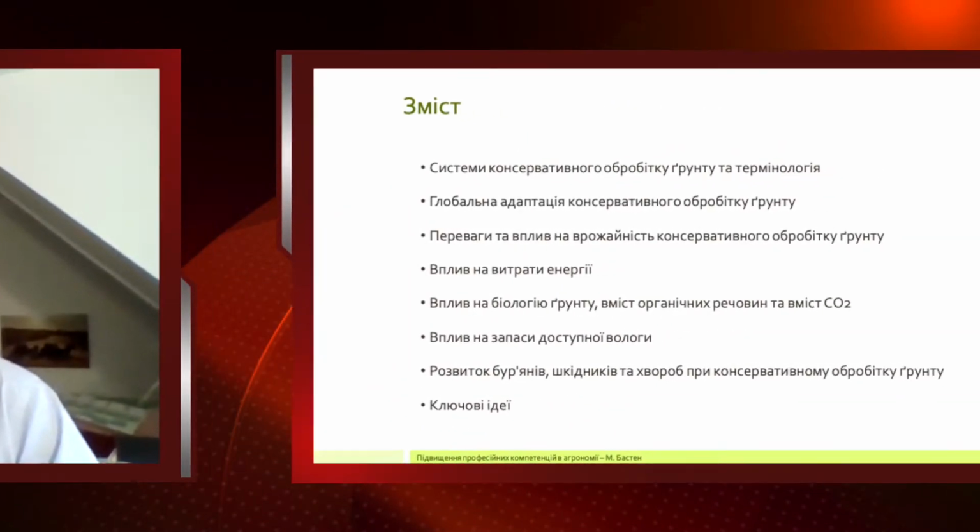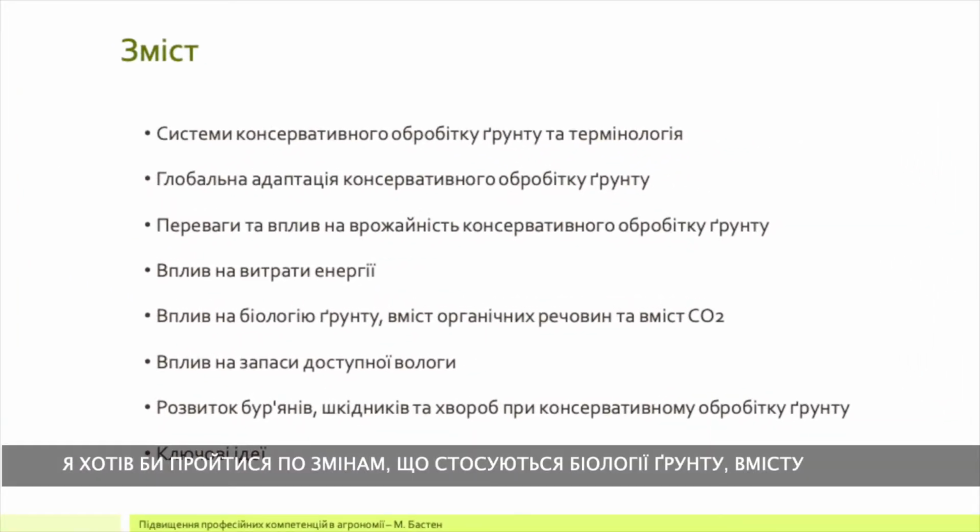And then I will come to the impact on the energy consumption, meaning basically fuel consumption, time consumption, etc. Of course, conservation tillage has an impact on the soil, as we all know. I would like to go through what it changes in terms of soil biology, the organic matter content, and also the carbon dioxide storage.